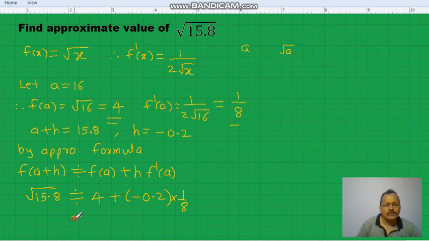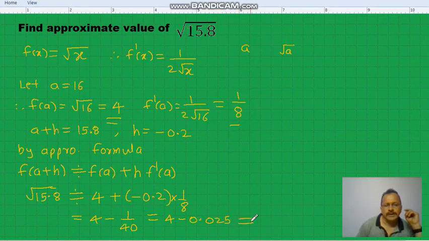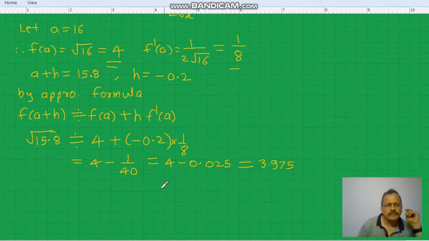So this is equal to 4 minus 1 by 40, which is equal to 4 minus 0.025, which is exactly equal to 3.975, and therefore the final answer I am going to write: square root of 15.8 is approximately equal to 3.975.